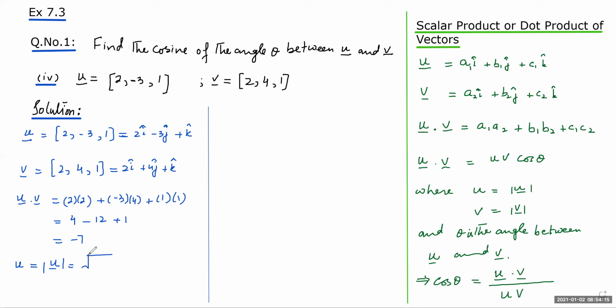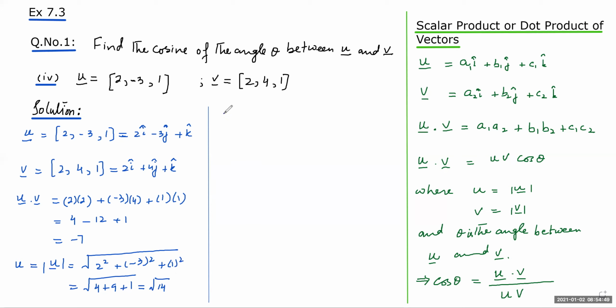And the formula is square root of coefficient of unit vector i square, that is 2 square, plus coefficient of j square, that is minus 3 square, plus coefficient of k square, that is 1 square. So it becomes square root of 4 plus 9 plus 1. As a result, I get 9 plus 1 is 10 and 10 plus 4 is 14. So the answer is square root of 14.